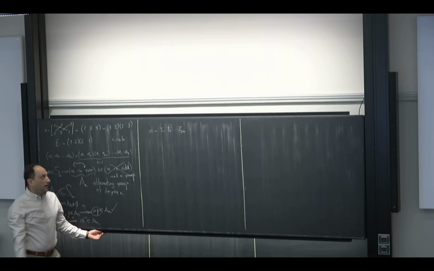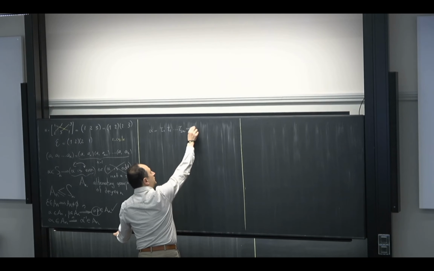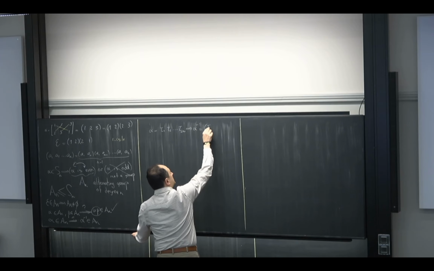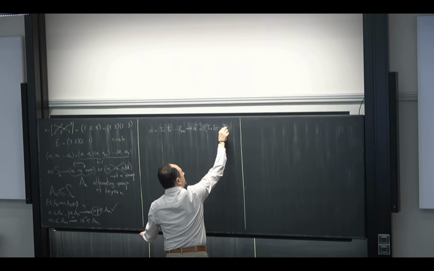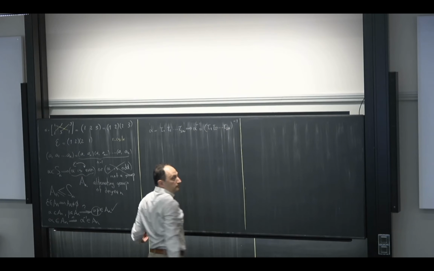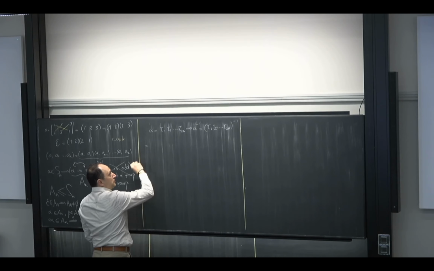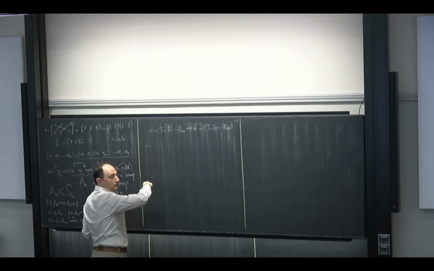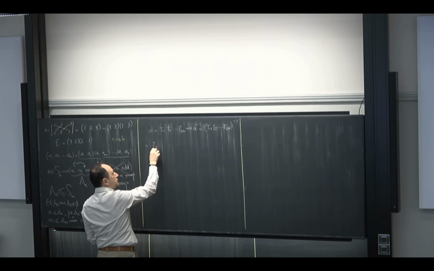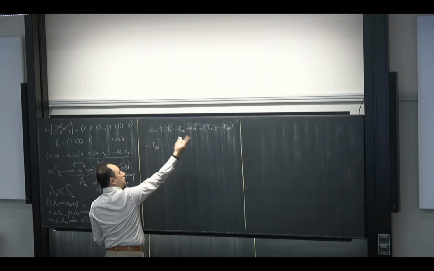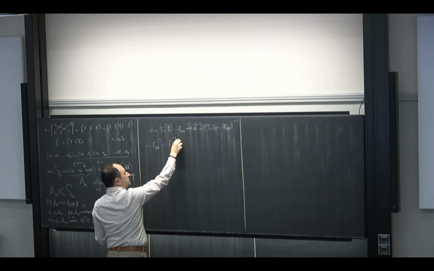And alpha inverse is the inverse of this product. How should I write this? Do you remember the socks and shoes theorem? So I write tau 2n inverse, and I go up to tau 2 inverse, tau 1 inverse.